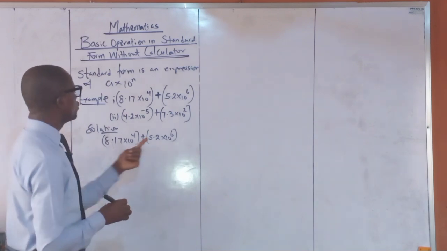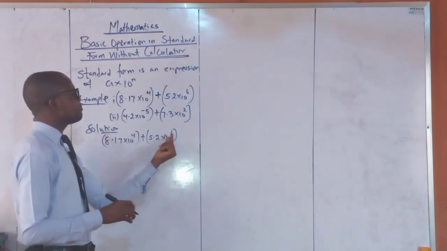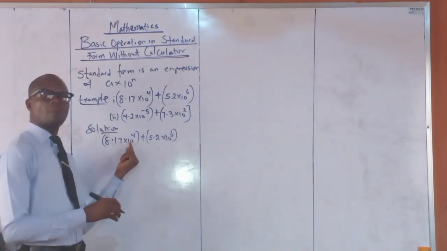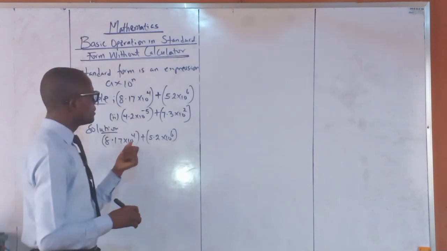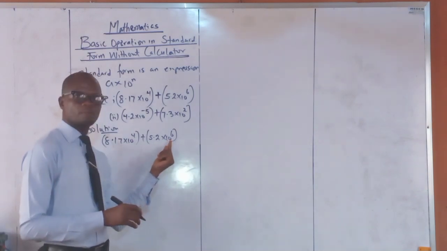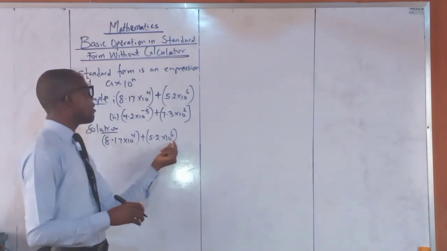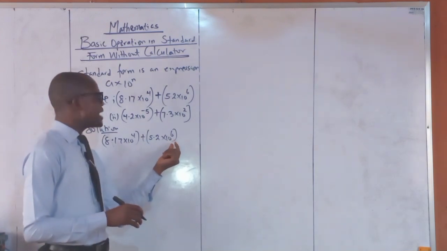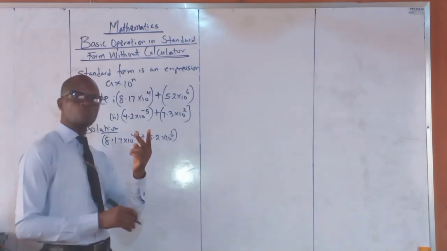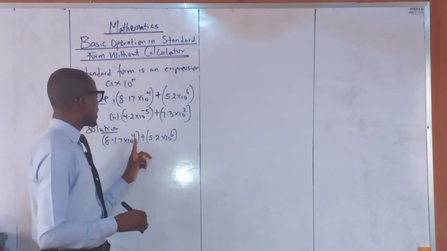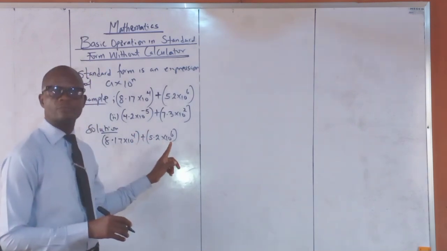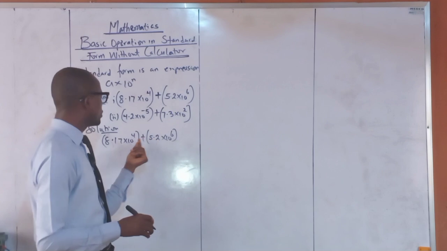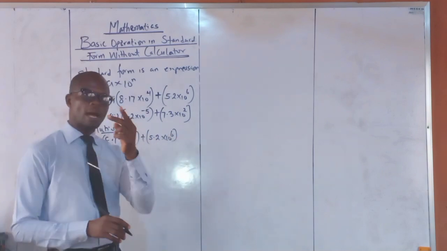You will discover that 10 to the power of 6 is bigger than 10 to the power of 4. Let's reduce 10 to the power of 6 so that we can have 10 to the power of 4 here. The best way is to pick two numbers: if you take 4 from 6, you are left with 2.